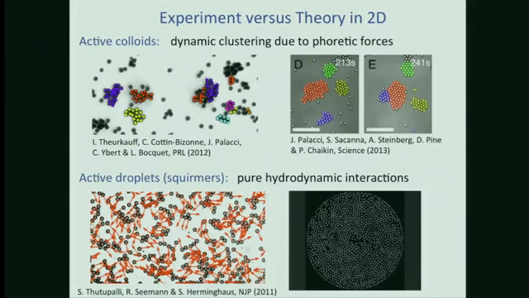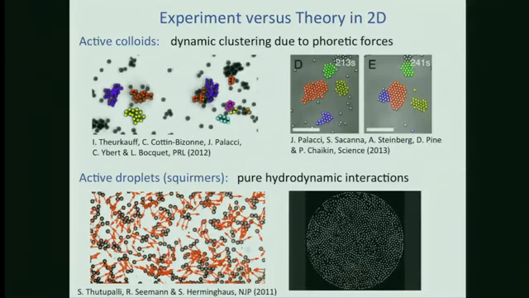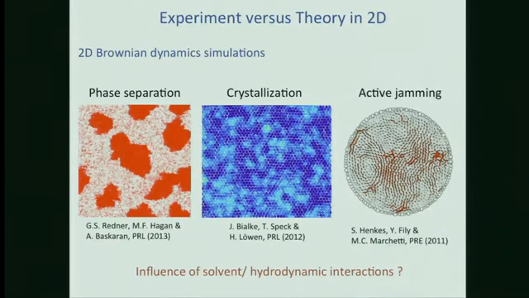On the theory side, basically people do Brownian dynamic simulation, at least on the particle level, not on the continuum level. So you see, for example, Brownian phase separation here. You see crystallization with jamming, or you see active jamming induced by the boundaries basically here.